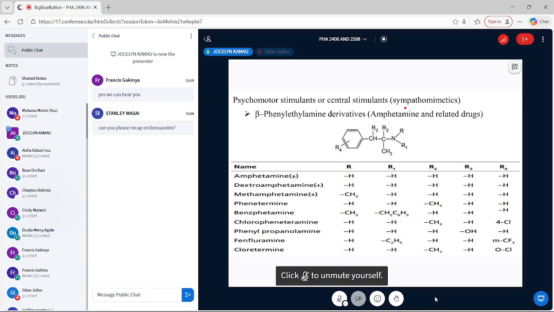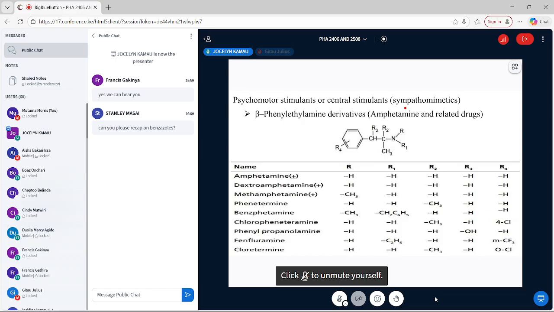When you look at chlorphentermine, the structure is still very similar. From the name, there is a group on position 1, 2, 3: a methyl group there, and a chlorine at that position. Again, you see that it much reduces the stimulant activity and brings in other activities.